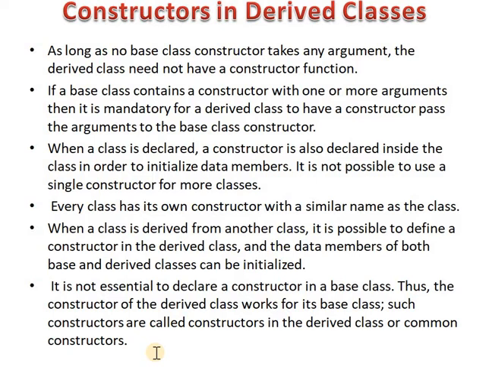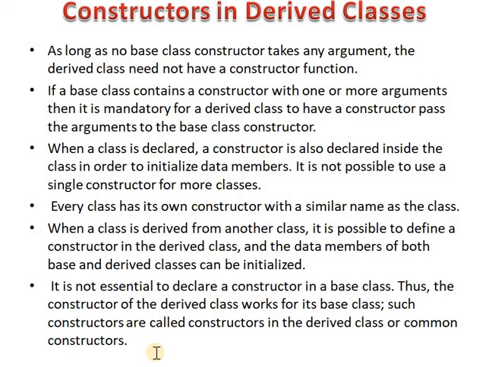In this point, we were seeing that if a base class constructor does not have any argument, then the derived class need not have a constructor function. But if a base class constructor is a parameterized constructor, that means it contains one or more arguments, then it is mandatory for a derived class to have a constructor that passes the arguments to the base class constructor.